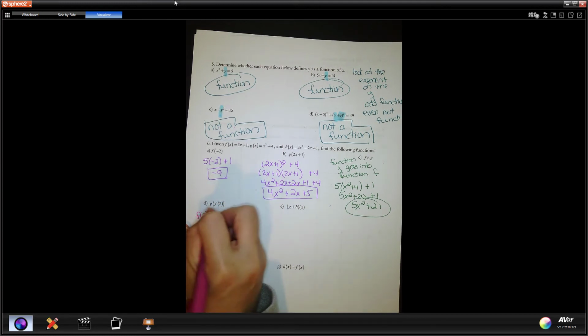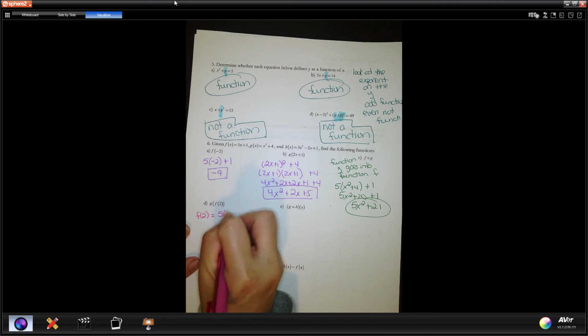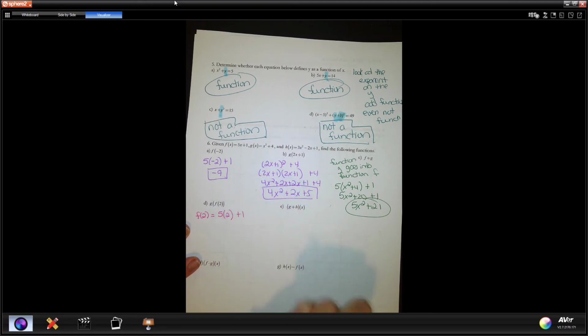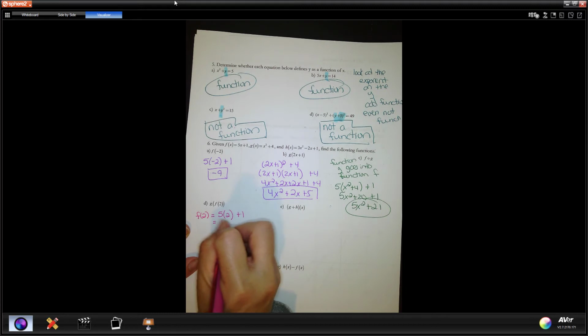The last one I want to make sure I do is letter D, simply because that is saying g of f of 2. So you could go ahead and do your composite function if you would like, or we can just work inside out. This one is saying we're going to do f of 2, and f of 2 is 5 times 2 plus 1, so 10 plus 1, which is 11.